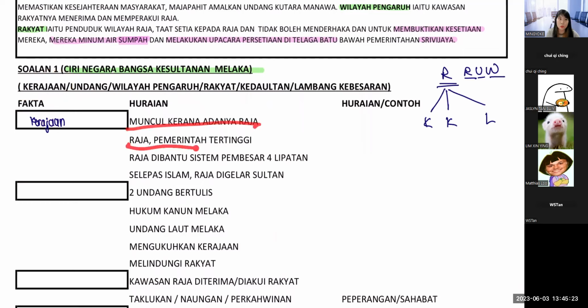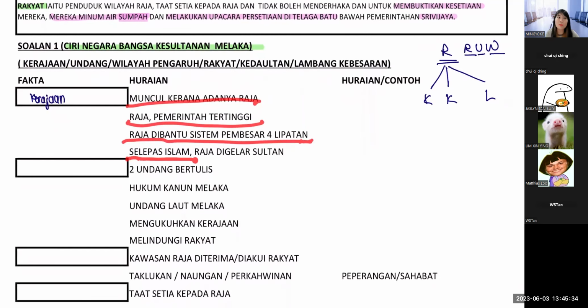Selain itu, raja merupakan pemerintah tertinggi serta raja dibantu dalam sistem pembesar 4 lipatan. Seterusnya, selepas Islam, raja digelar sultan. Full stop. So maximum what? 4 marks for answer. Settle. Remember that can already.